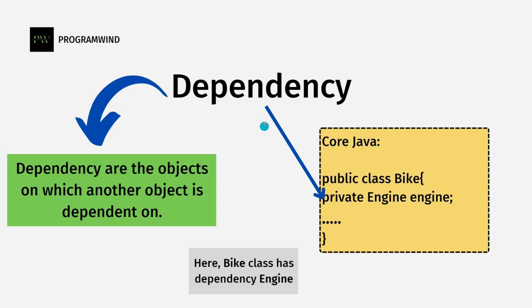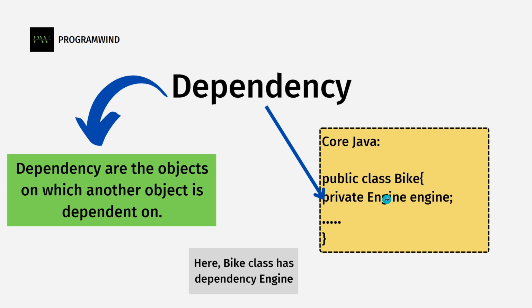For that we can go through this simple core Java example. I have a class Bike, and inside this class Bike I have written an object or a reference of class Engine. Now this reference of class Engine is called a dependency.